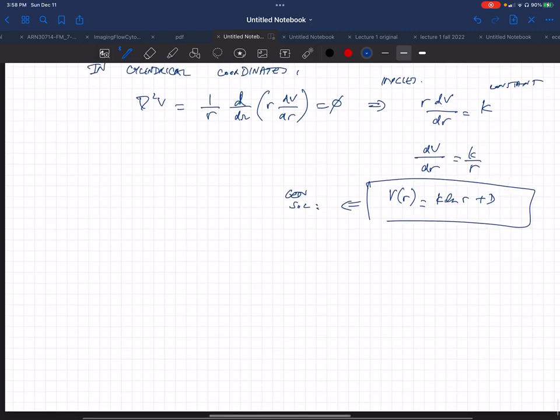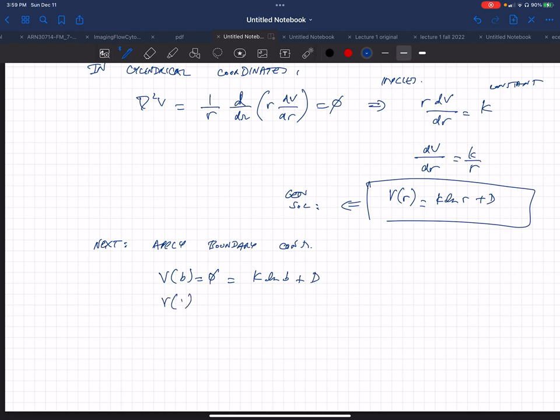Okay, so next, to make this a unique solution, we have to apply boundary conditions. That says V of b is 0, which is k natural log of b plus d, and V at a is equal to V0.